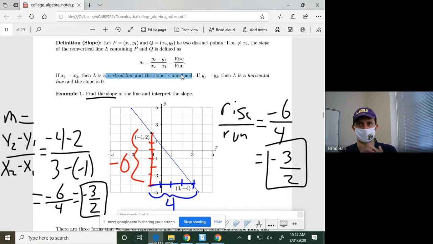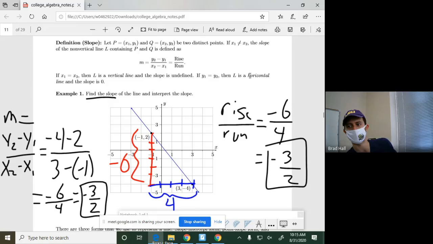So they are complete associations. They work in tandem. So vertical line means undefined slope. Undefined slope means vertical line. Now, that was if the x values are equal. If the y values are equal, then the 0 is in the numerator. And that's okay. You can have the 0 in the numerator.